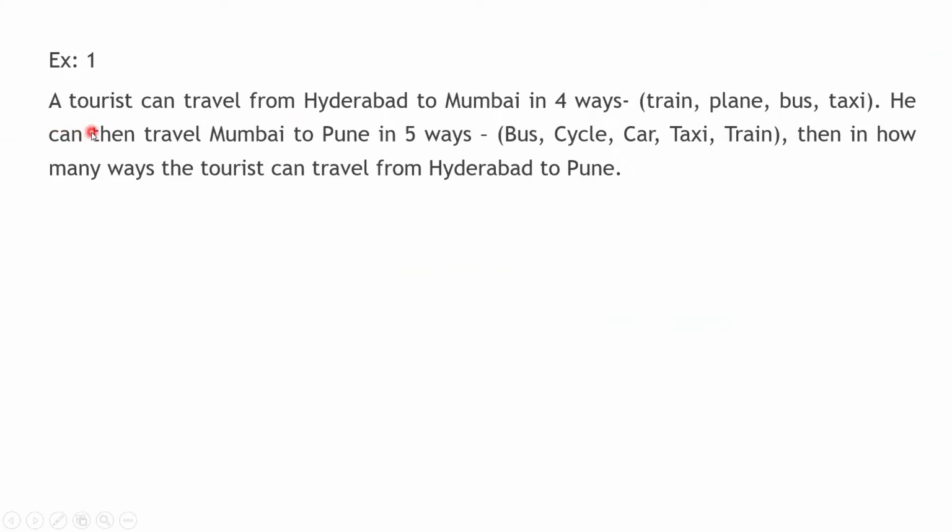Now example 1. A tourist can travel from Hyderabad to Mumbai in 4 ways. This is Hyderabad and this is Mumbai. In how many ways can the tourist travel? In 4 ways. What are the 4 ways? Train, plane, bus, and taxi.